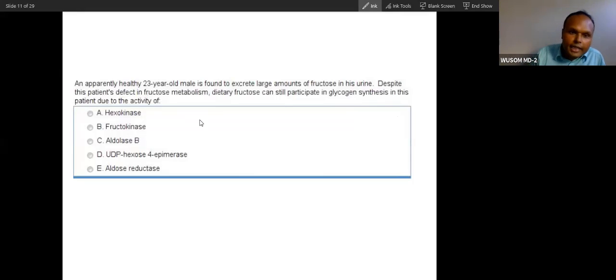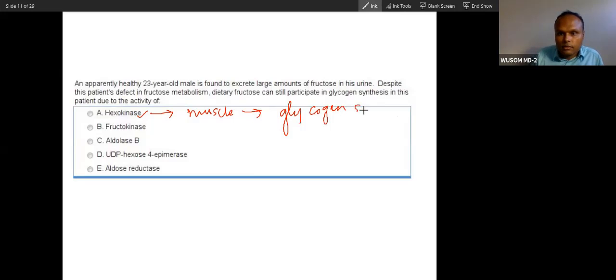It is not, but the kidney has it. It is not present in liver. Hexokinase is present in muscle. So muscle has glycogen synthesis. Glycogen synthesis will happen in muscle from fructose through this hexokinase.